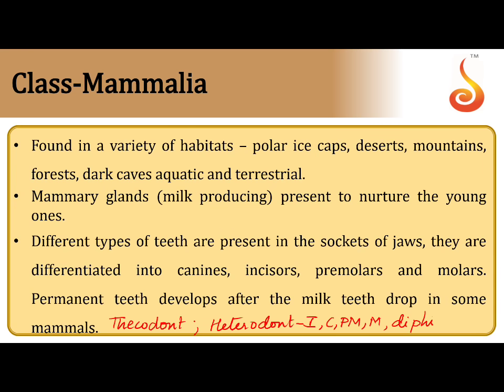And diphyodont, meaning 2 sets of teeth, one milk teeth and the other permanent teeth. So I repeat, thecodont, jaws are important in this case because teeth are embedded into jaws. Heterodont, different types of teeth, and diphyodont, two sets of teeth.